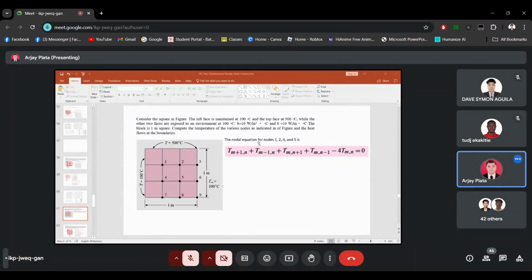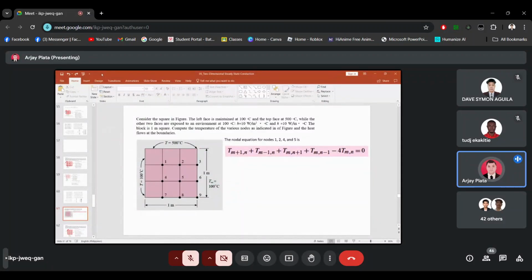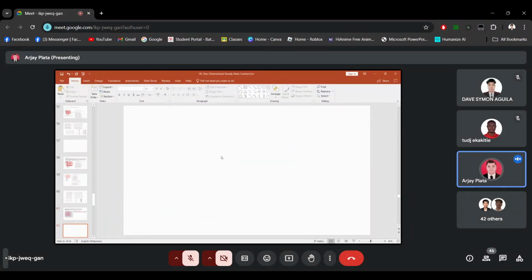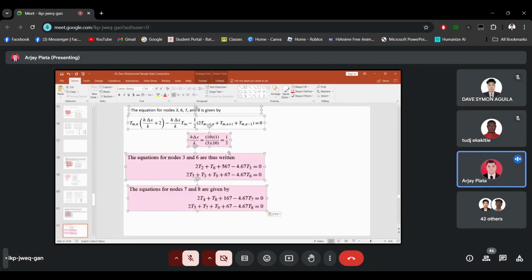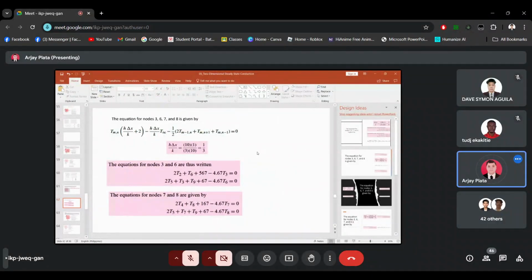Sorry, I need to provide a new slide. So the equations for nodes 3, 6, and 7. For your convenience, I will put them here because we do not have enough time to discuss.